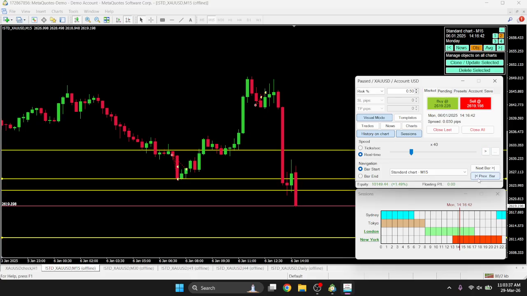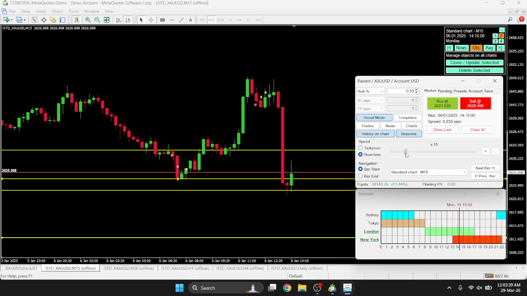Wow. Just look. It just moved towards the previous candle. Okay, it's just breaking all of these lows.